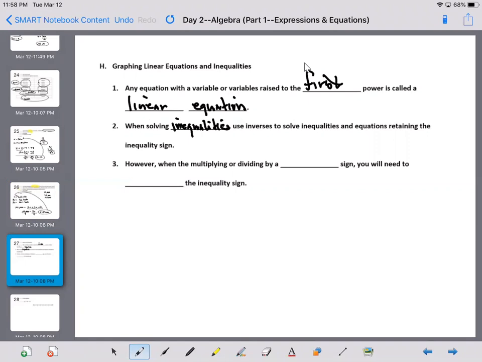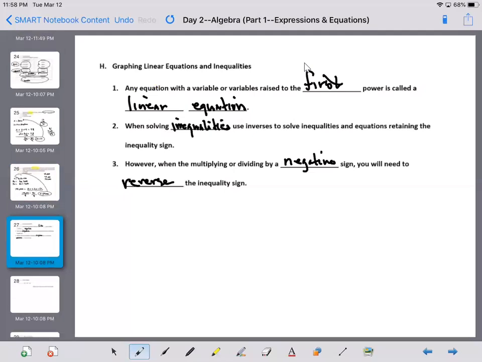However, there's one thing that we have to remember, and that's when we are multiplying and dividing with inequalities. When multiplying or dividing by a negative, you will need to reverse that inequality sign. So that's something you've got to keep in mind as you're solving.